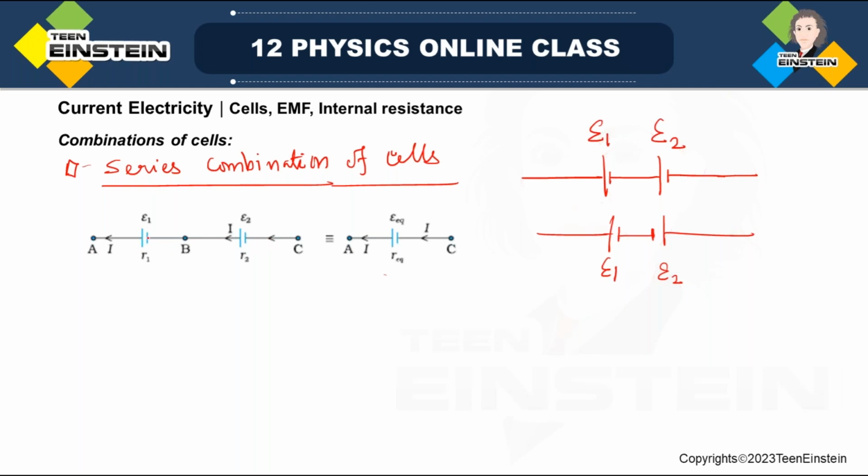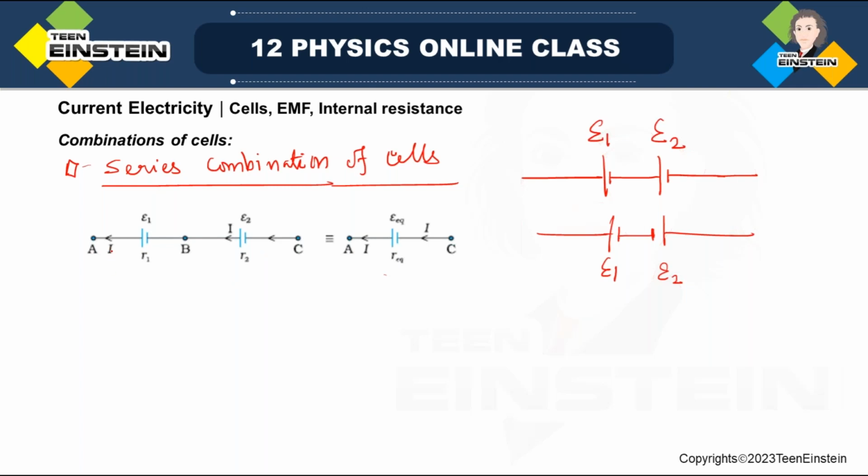Like here, the current will be the same through cell 1 and cell 2. So the current will be the same in the circuit in the case of series.